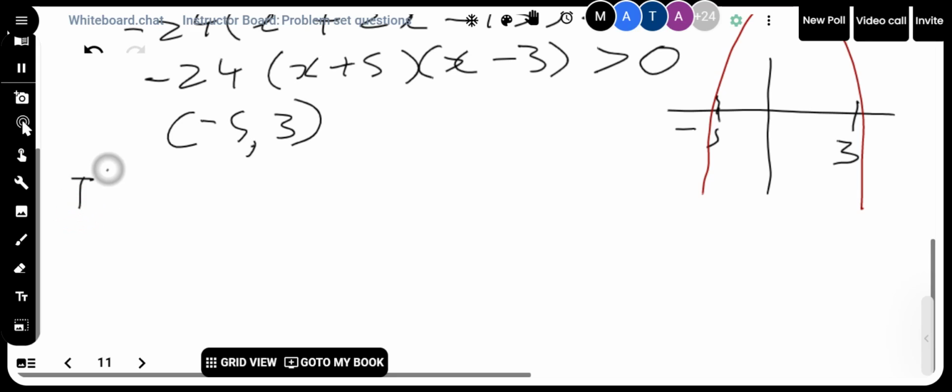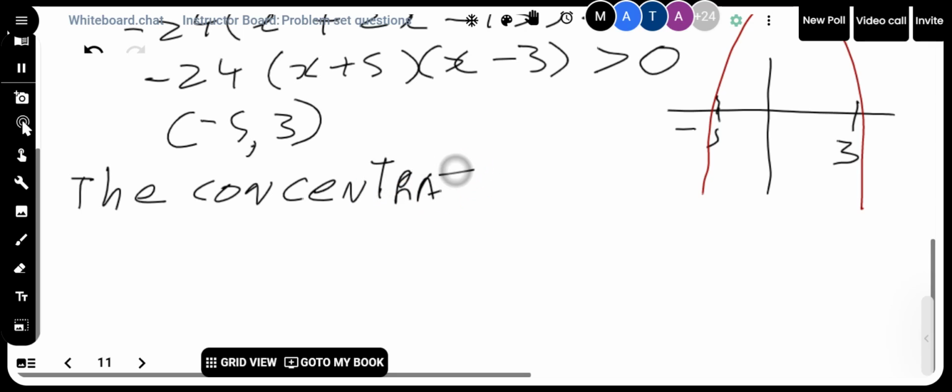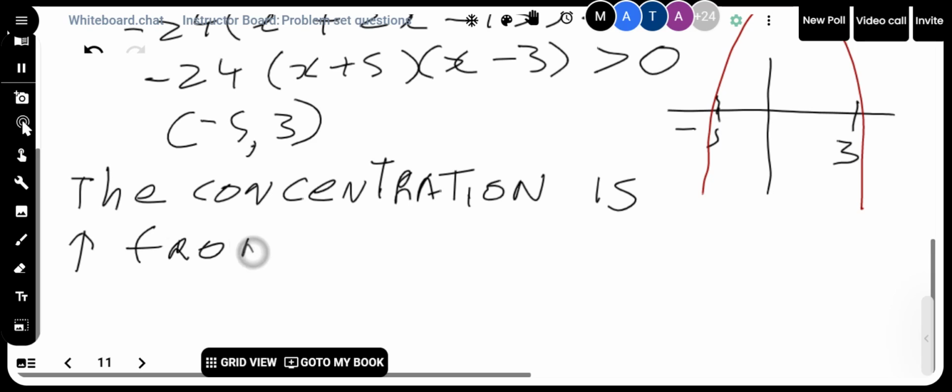The function is increasing, or the concentration is increasing, and I use the upward arrow as a shortcut for increasing, from t, when t is greater than 0.